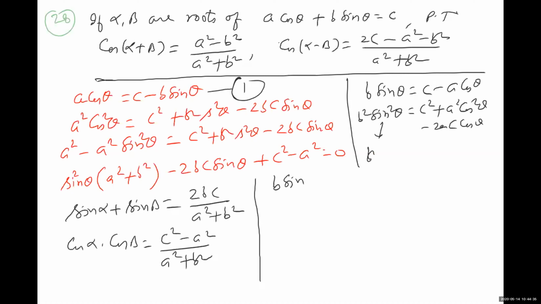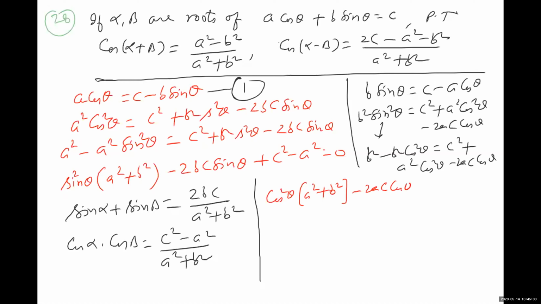So b square minus b square cos square theta is equal to this much, c square plus a square cos square theta minus 2ac cos theta. So next step, convert in quadratic in cos. So (a square plus b square) cos square theta minus 2ac cos theta plus c square minus b square is equal to 0.